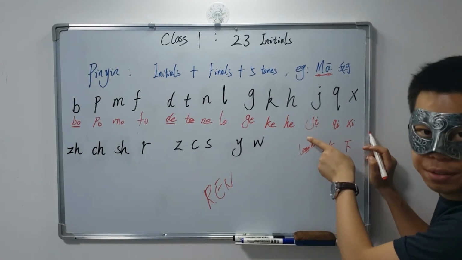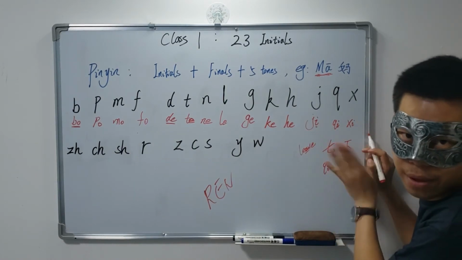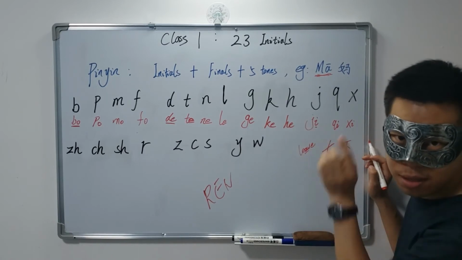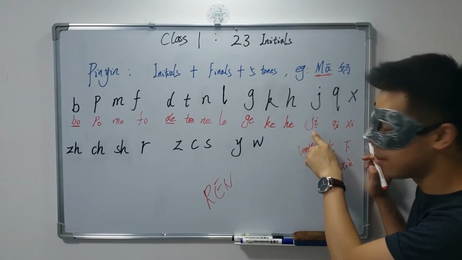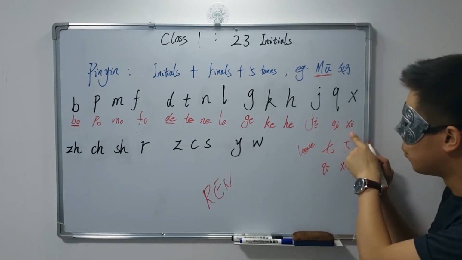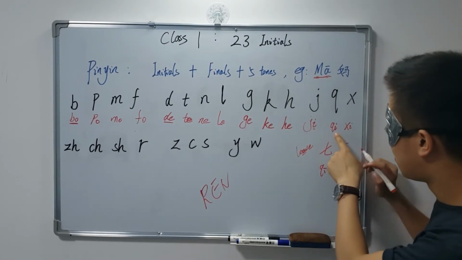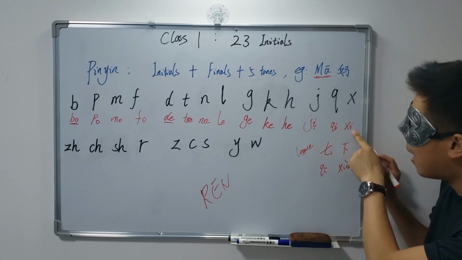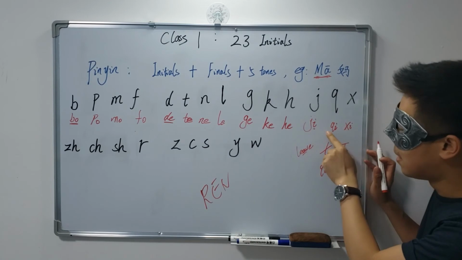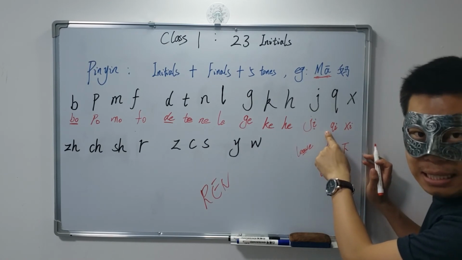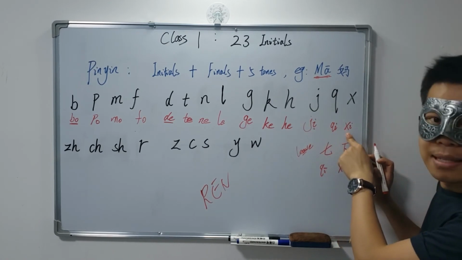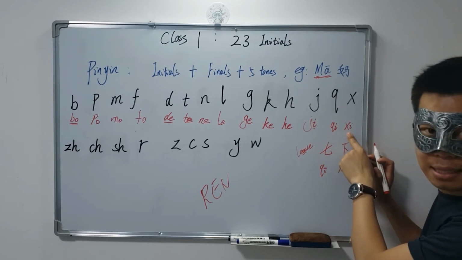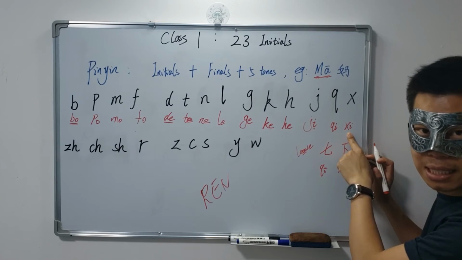These three are different. These sound very similar. So this one is qi, easy. Just remember the jeep, G. These two are qi, xi.